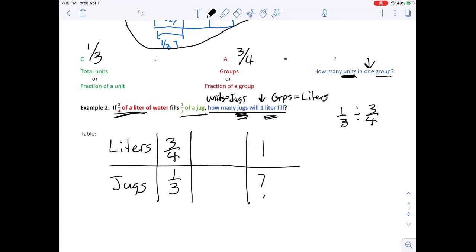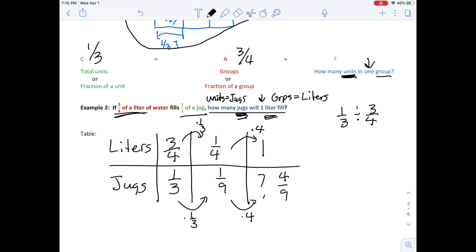Often in tables we go through a unit fraction or just the value 1. So to get to the unit fraction 1/4, I'd have to multiply by 1/3, and then to get from 1/4 to 1, I'd have to multiply by 4. So to keep the relationship the same, times 1/3 will give me 1/9, times 4 will give me 4/9.